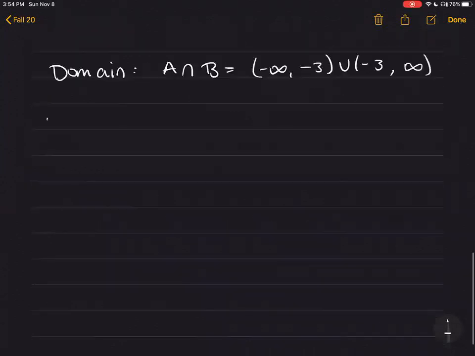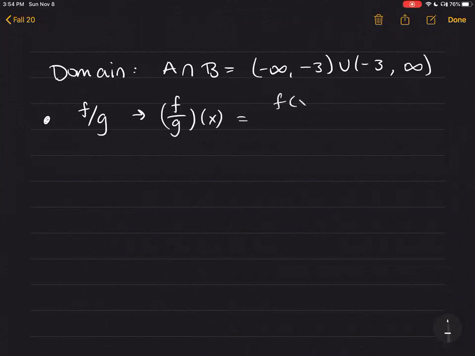Okay, now let's look at maybe the more complicated algebraic combination. Let's do f divided by g. So that'll be f over g of x. And we saw that that'll be f of x over g of x. And so if we try to calculate this explicitly, f of x is absolute value. So we have absolute value of x over, and then g of x was 2 over x plus 3.